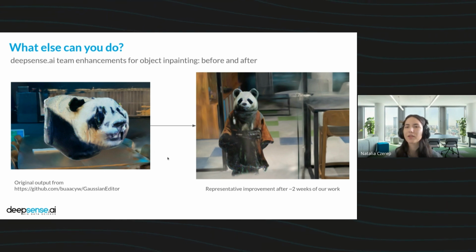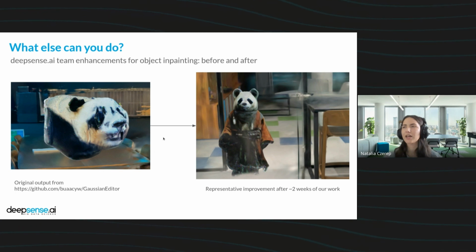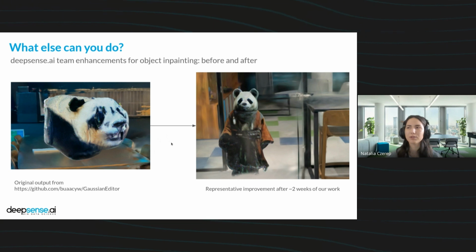So the results out of the box are not great, but with a little code tweaking, our team was able to work with that. So I think it looks very promising that it will only progress in the future.